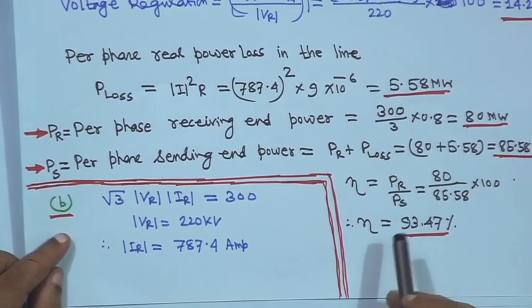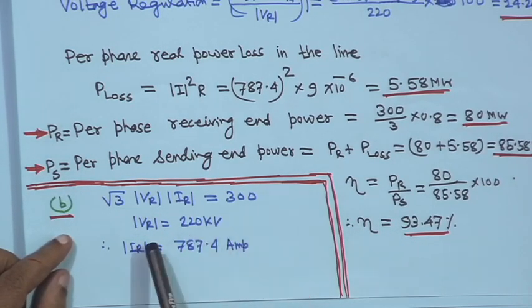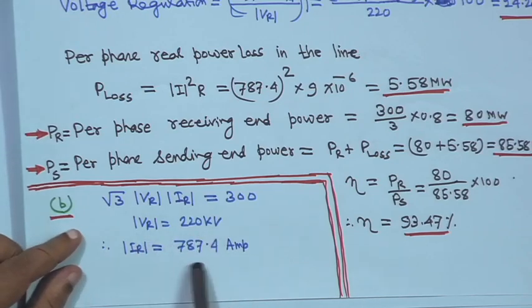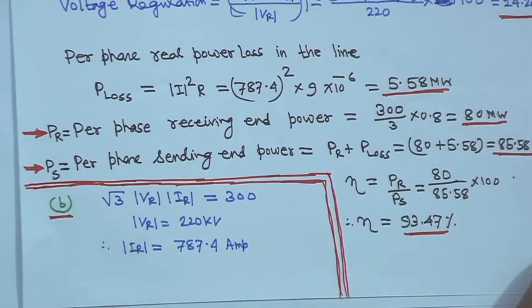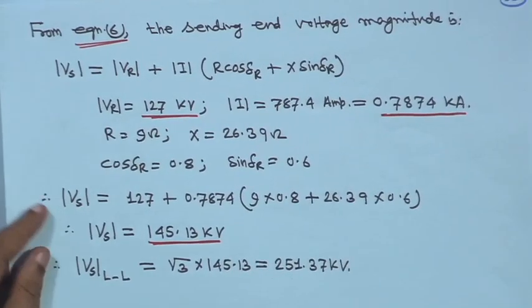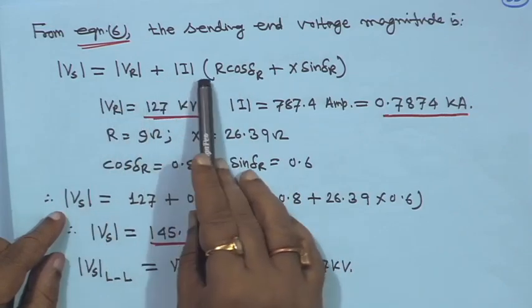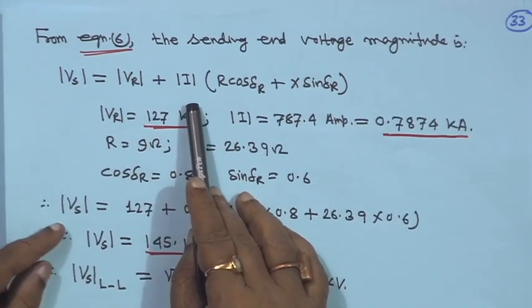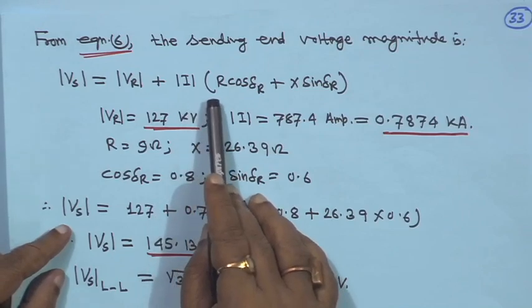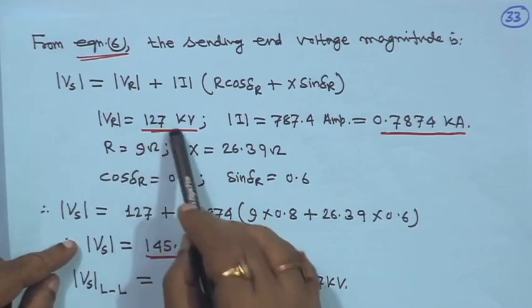Now, part B. Part B: root 3 VR IR is equal to 300, this is three phase MVA. So, VR is 220 kV, IR is 787.4 ampere. You can calculate from equation 6, the sending end voltage magnitude: Vs is equal to Vr plus I into R cos delta R plus X sin delta R. Substitute all these per phase values.